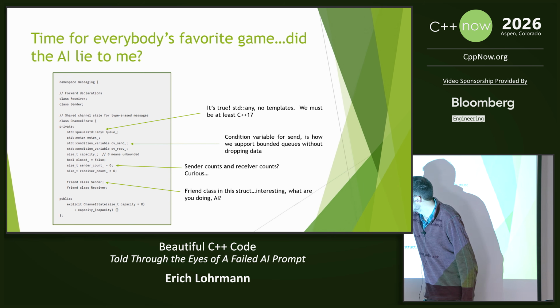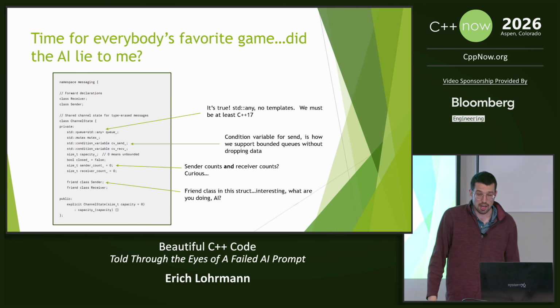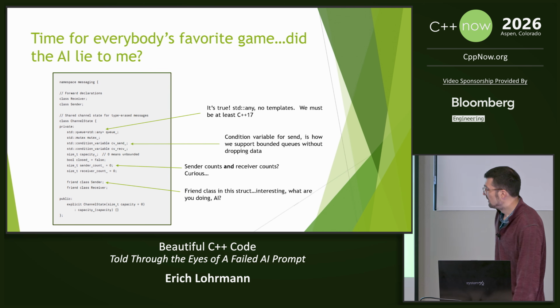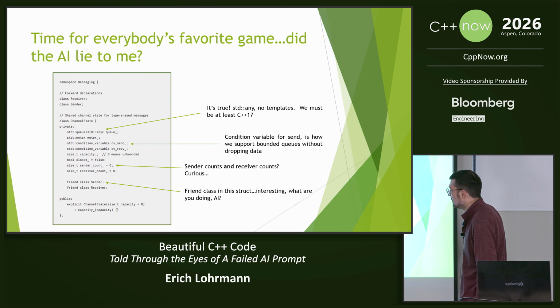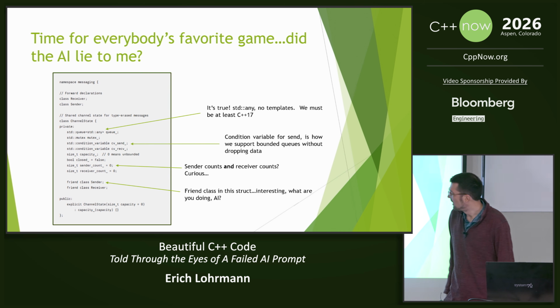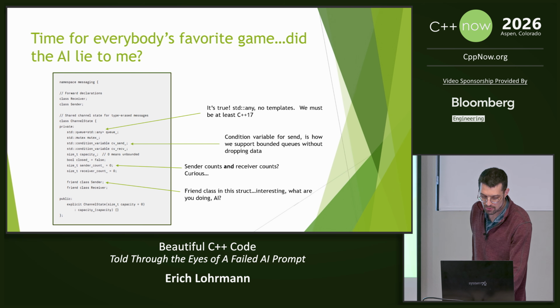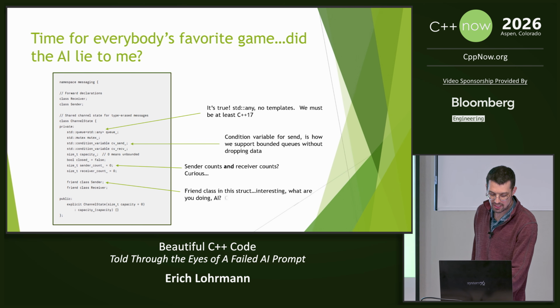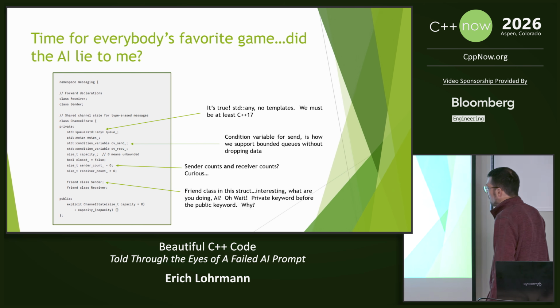There's sender counts and receiver counts, which tells me that it's probably doing some type of reference counting, but we've got to make sure. And then I also thought it was weird that we had friend at all until I realized that's the private keyword.